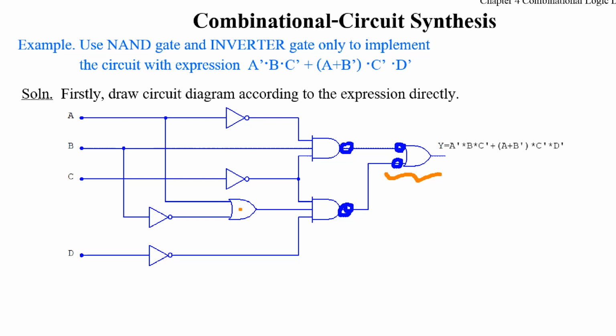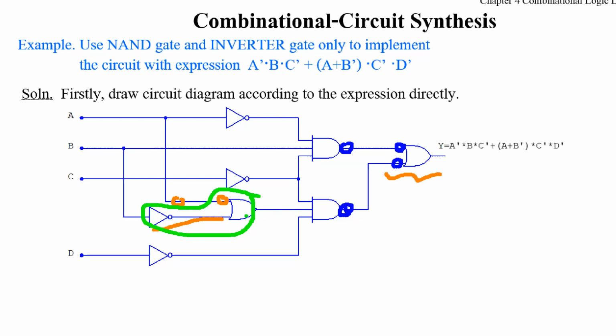How about this one? If I want to change this all to NAND, that means I must add an inverter at the input side, right? But this side already has one inverter, so I can add this one. And don't forget you want to add a pair of inverters, right? So now, when you group these together, you can change all to NAND.